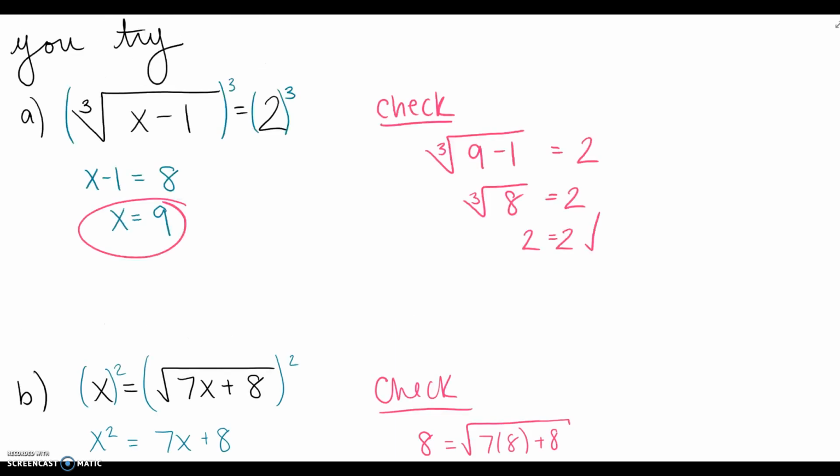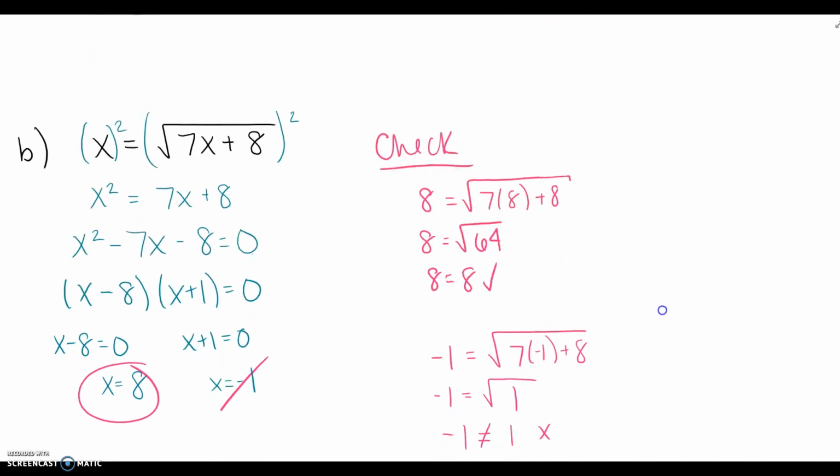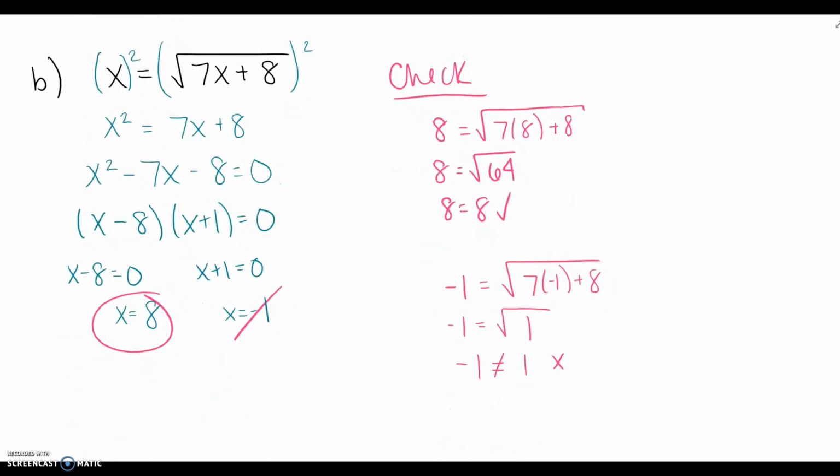Alright, so hopefully you finished. And for A, you cube both sides. Get x minus 1 equals 8, so x potentially equals 9. And by confirming with a check, you conclude that, yeah, x does equal 9, it works. Now for B, I could see you guys may be struggling if you forgot that you need to factor.